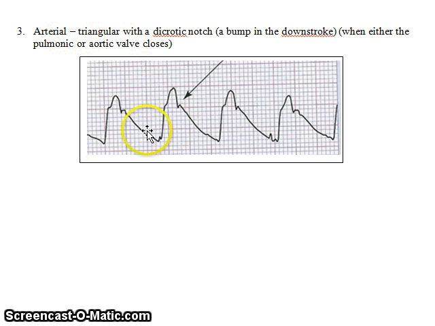But the arterial waveform is triangular in shape, and it has a dicrotic notch on the downslope, which is just a little bump this arrow is pointing to, and what that signifies is when the valve closes. If we're talking about the pulmonary artery, it's when the pulmonary valve closes. When we're talking about the aorta, it's when the aortic valve closes. So that is your three waveforms in brief.